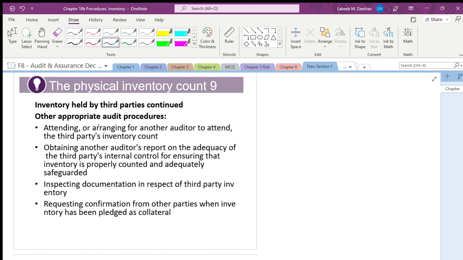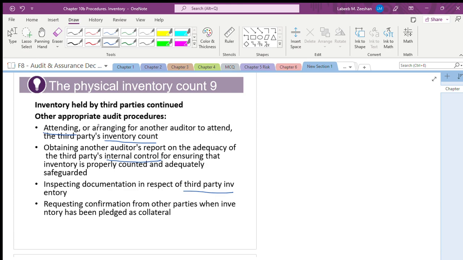They say you have to attend, there is no option: arrange for an auditor to attend the third party inventory count. Obtain an auditor's report on whether effective controls are there at the third party to ensure that inventory is properly counted and safeguarded. Inspect documents in respect of the third party.